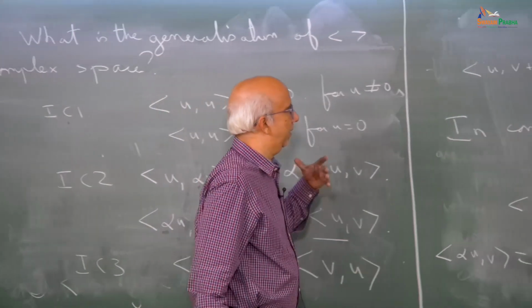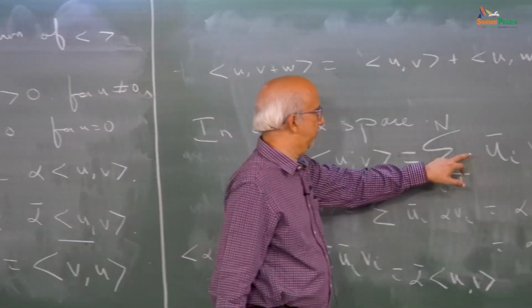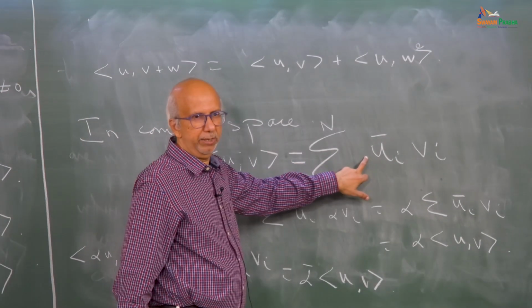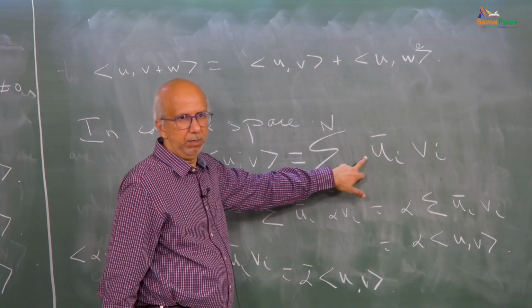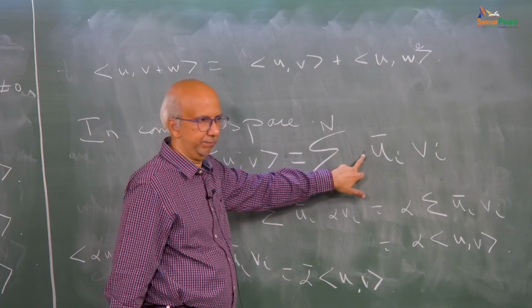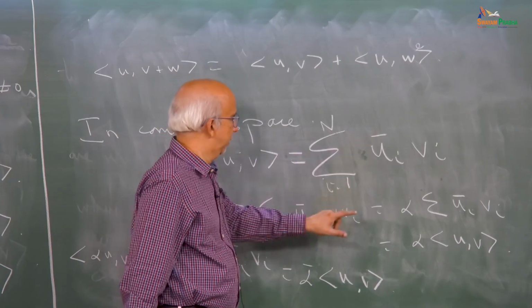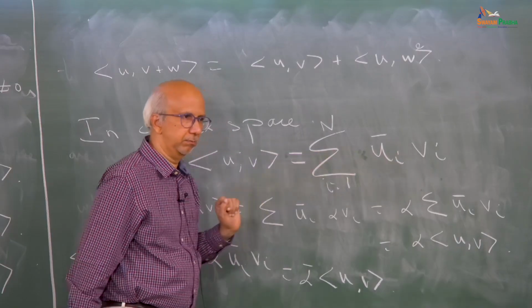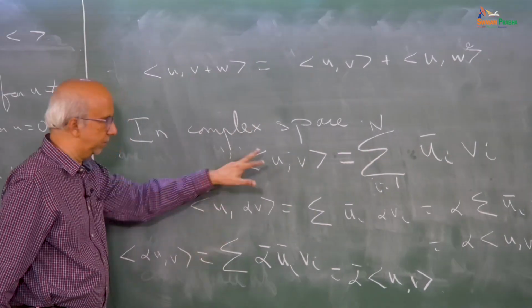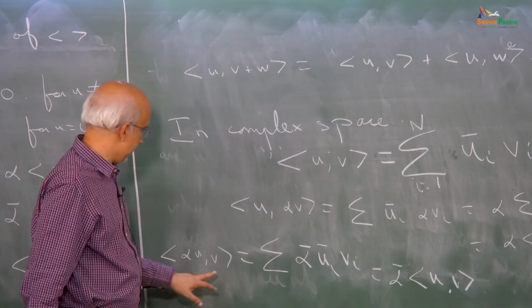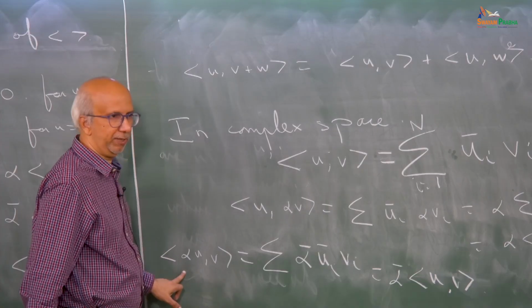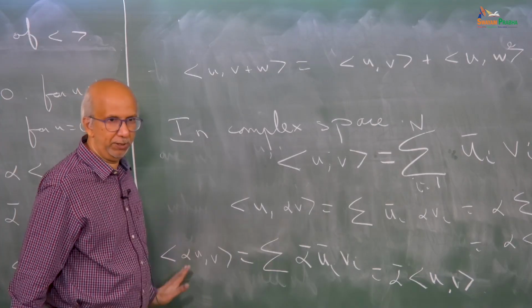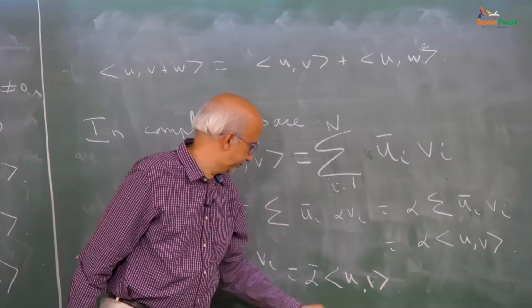I am defining my inner product by taking the complex conjugate of the elements of the first vector. So ui bar vi, I am not conjugating vi. So for this definition, the first vector's scalar gets complex conjugated, so when I pull it out, I get the complex conjugate.